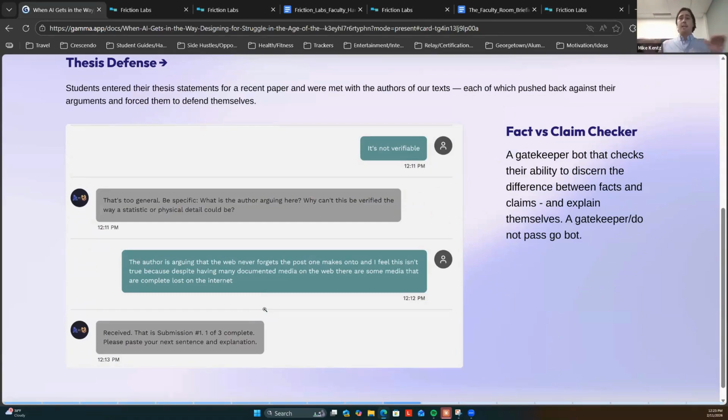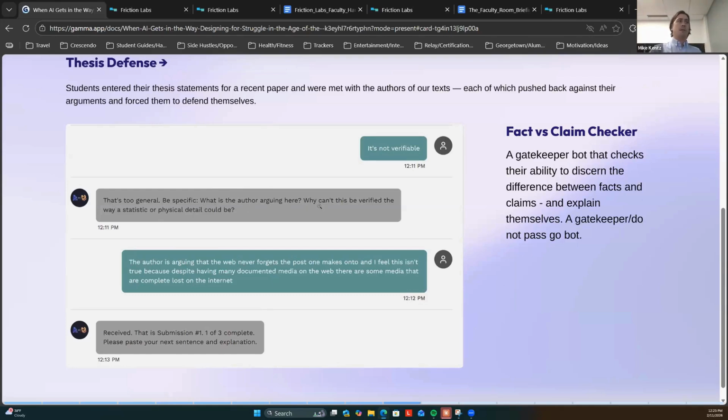This bot was just a gatekeeper. No persona, no scene, no physical movements or anything like that. No sass, no spiciness, just very, very direct. And they had to paste in claims from articles that we read and then explain why they were claims. If they didn't do a good enough job, the bot is programmed to say, that's too general, be specific.